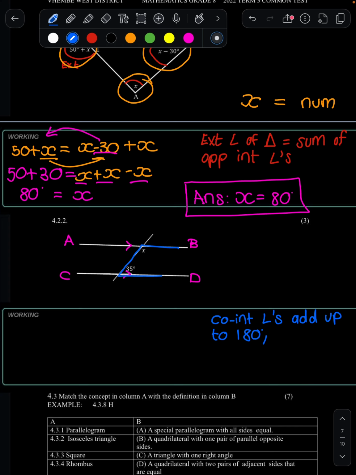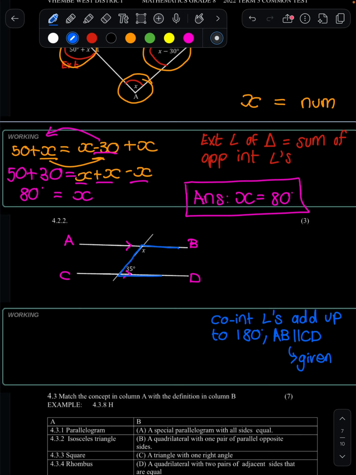And you'll see now why I labeled those lines: you can only use this rule if you can say that the lines are parallel. So we have to say then AB is parallel to CD. And this was given because they did draw those arrows for it. So there's my reason.